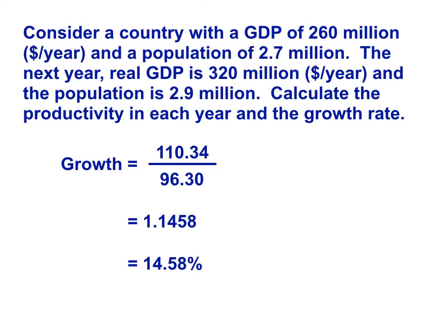You put the second year on top, and you put the previous year on the bottom, right? And this gives me 1.1458. I'm simply going to subtract 1 from the number that I get, which of course would be 0.1458 or 14.58%. So this is something that I do. It actually avoids errors and it's a little bit quicker with the calculator.